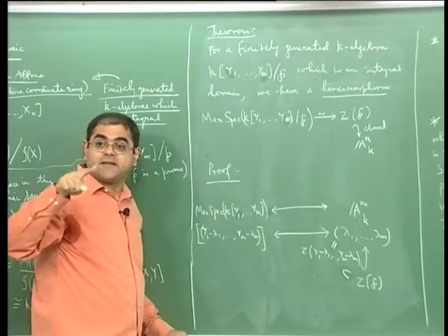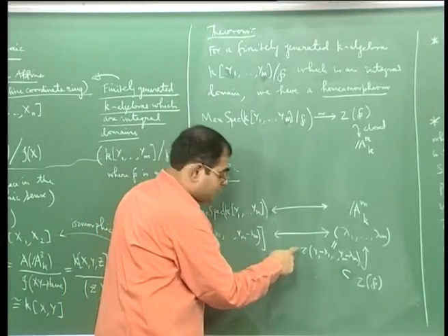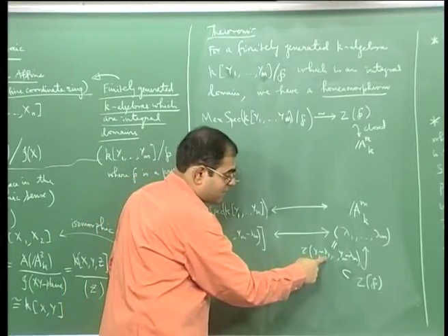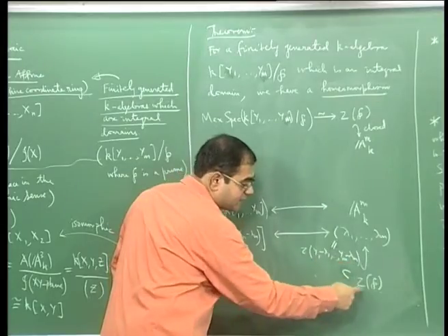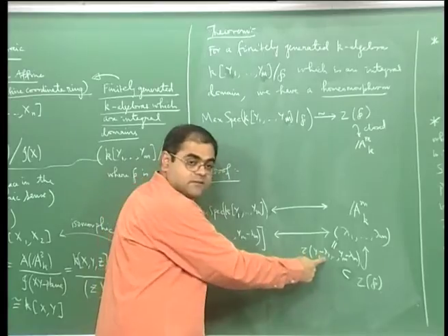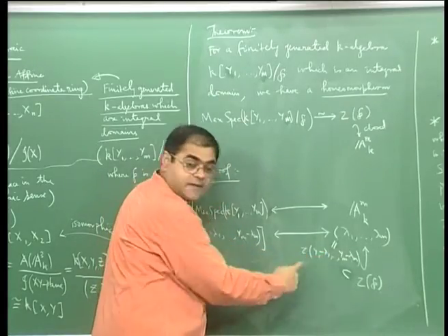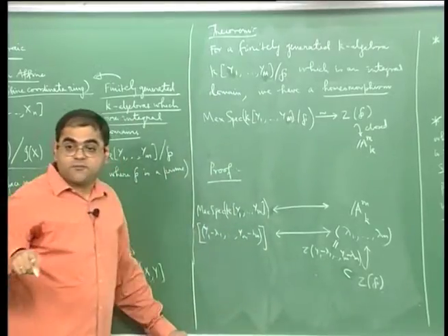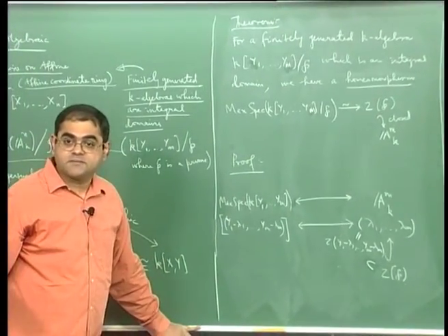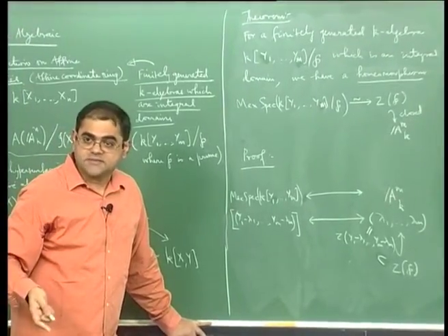That is because you can apply the script I. If you apply script I to both sides of Z of (y1 minus lambda 1, ..., ym minus lambda m) contained in Z of P, you will get I of Z of that, which is just the radical of that, which is the same as that maximal ideal, containing I of Z of P, which will be the radical of P, which is P itself, because P is prime. I am just using the Nullstellensatz now.